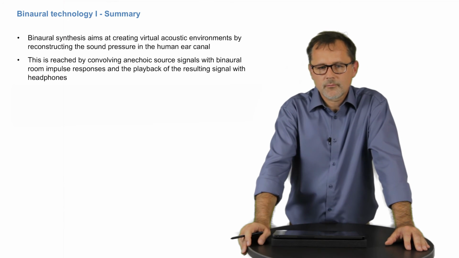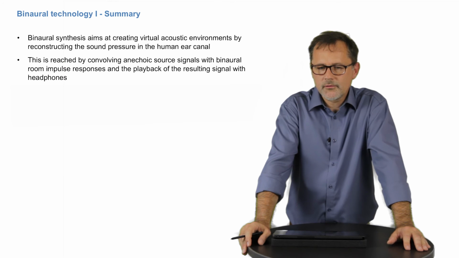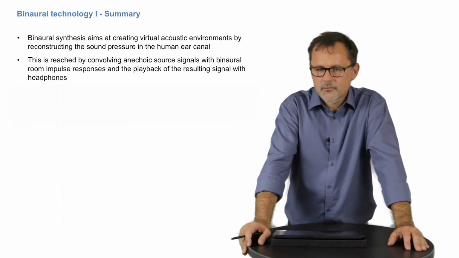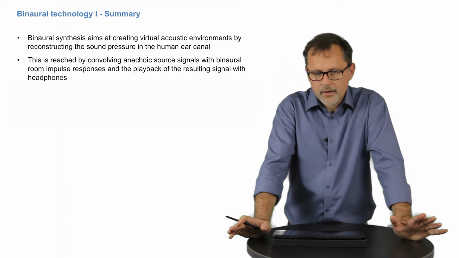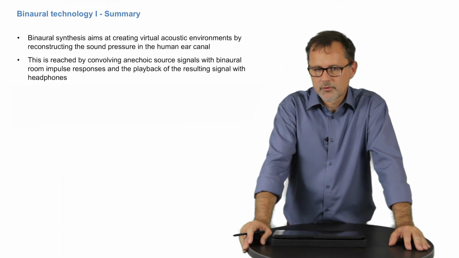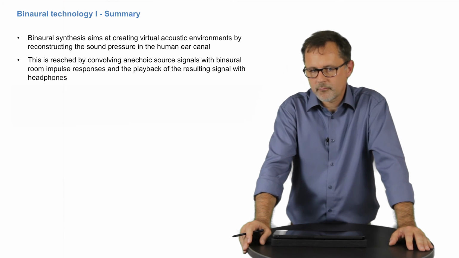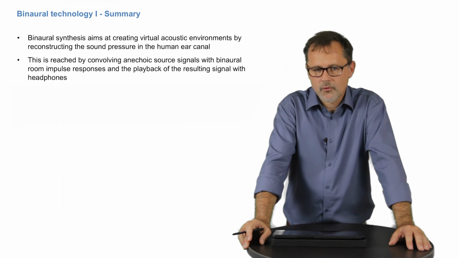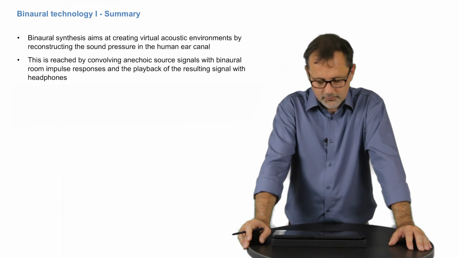This is reached by convolving anechoic source signals with binaural room impulse responses and by playing back the resulting signal with headphones. We can, by the way, consider head-related impulse responses as a special form of binaural impulse responses, which convey only the location of the source but no impression of the spatial environment.